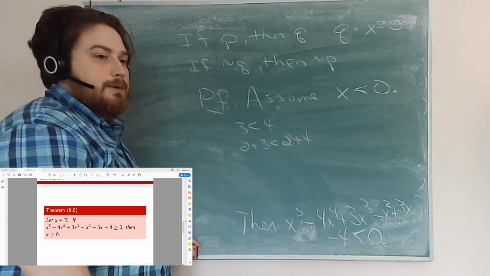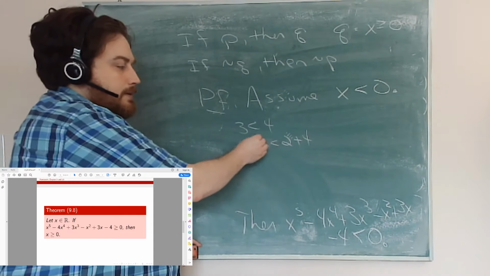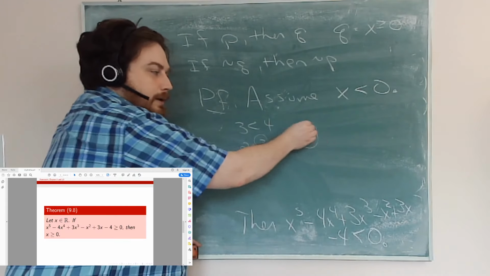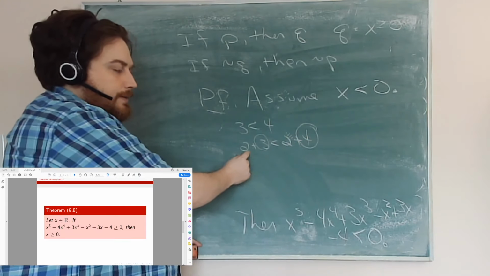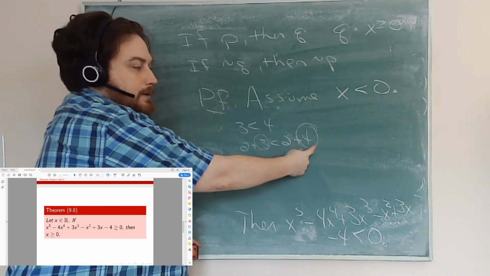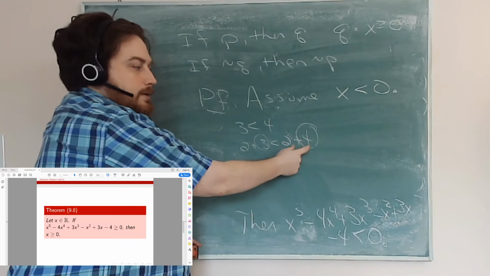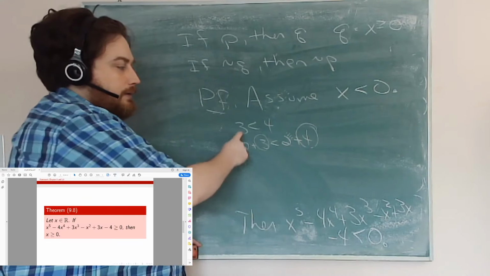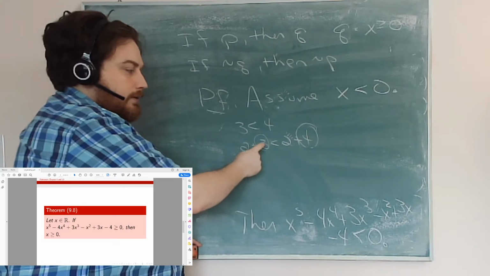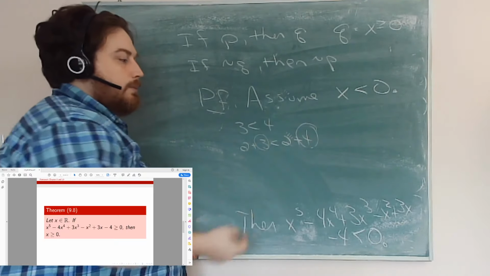So I'm having to remember some properties here, but if I substitute the 3 with the bigger number 4, and if I have something like 2 plus 3 and I substitute in the bigger number, then the result is going to be bigger. So if I know 3 is less than 4, then 2 plus 3 is less than 2 plus 4.